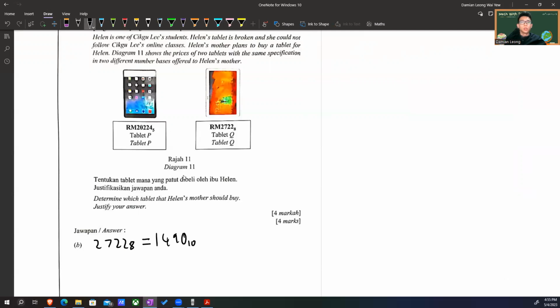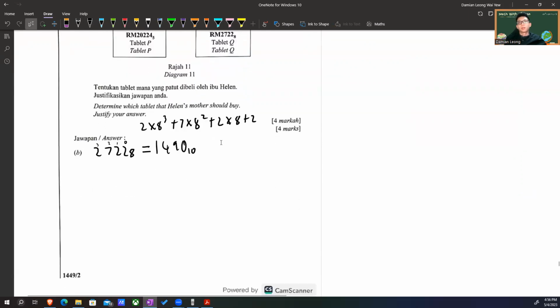You can also expand slowly, power 0, 1, 2, 3. 2 times 8 to the power 3 plus 7 times 8 to the power 2 plus 2 times 8 to the power 1 plus 2. Actually do write that. Okay. Because there are 4 marks here. So it does carry some marks as well.